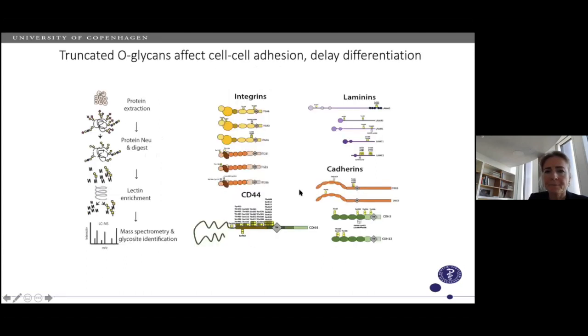And this fits very nicely with our findings in the possible O-glycosites, which have been shown to be on integrins, CD44, laminins, and cadherins, for example, fitting with our cell-cell adhesion problem in these cells.